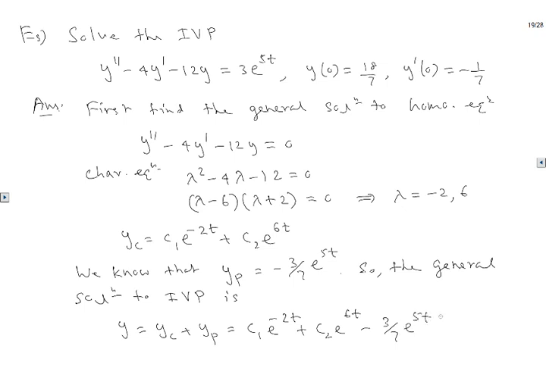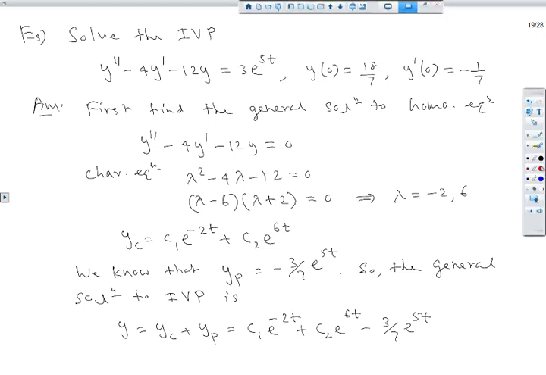After we get this general solution, you're going to use the initial conditions to find c1, c2. So you have to be careful. The hint is, use the initial condition at the end. It's kind of going backward.